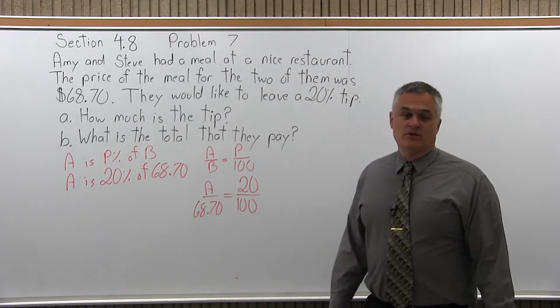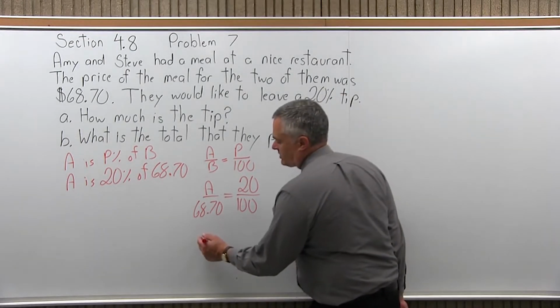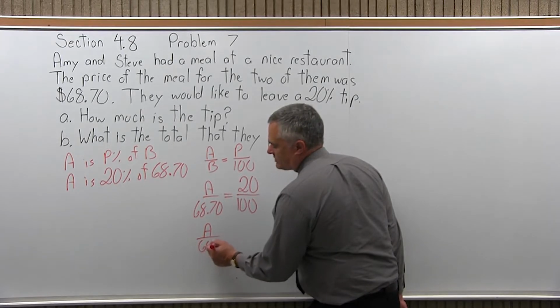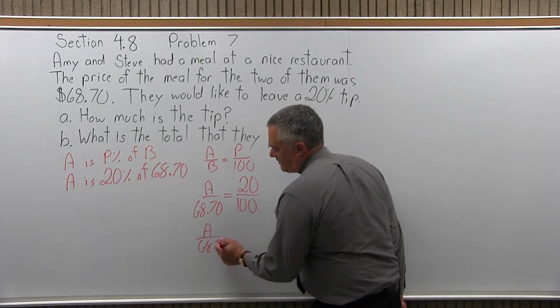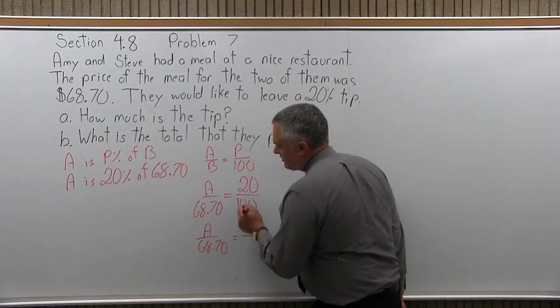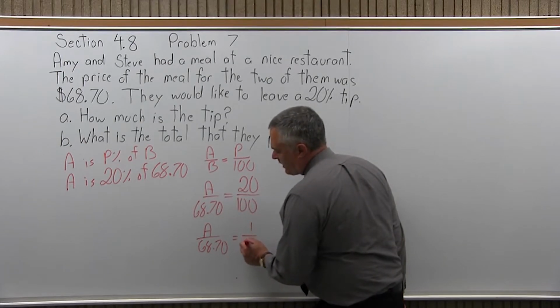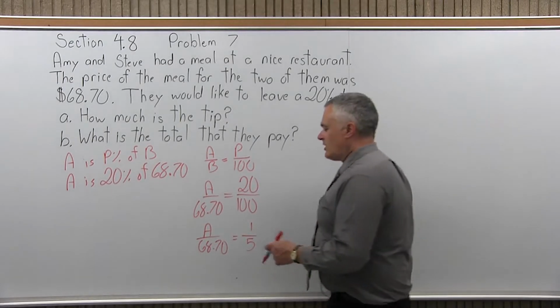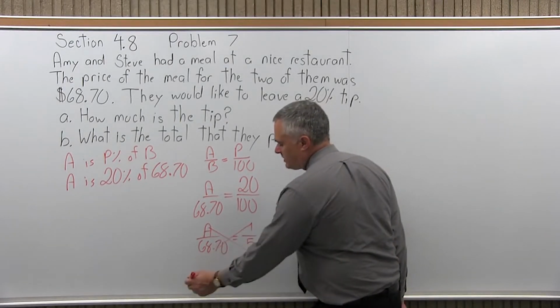You'll get the same answer even if you don't reduce it. Sometimes I don't bother to reduce, but it reduces so much that I will reduce it. So we'll leave the A over 68.70 equals, and we'll make that 20 over 100 1/5 because it's equivalent to 1/5.